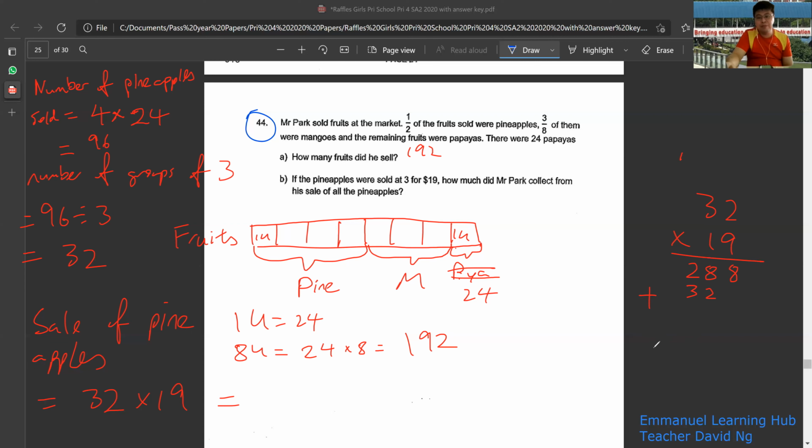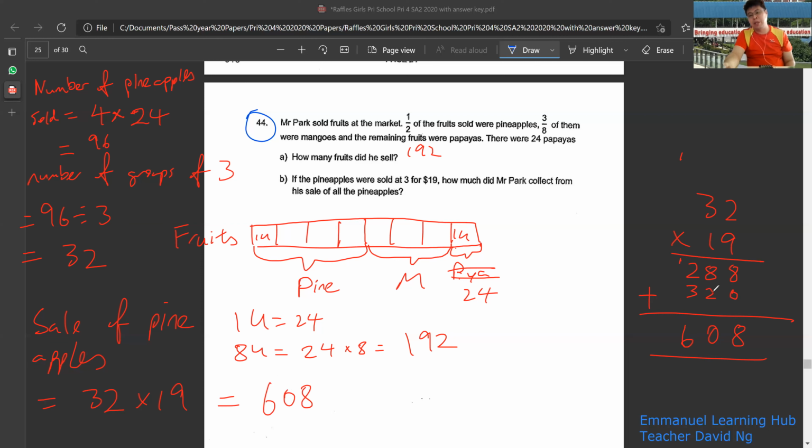Then after that, add up. Then what do I have? 8 plus 0 is 8. Then here, 10. 6. So what's the answer? 608.